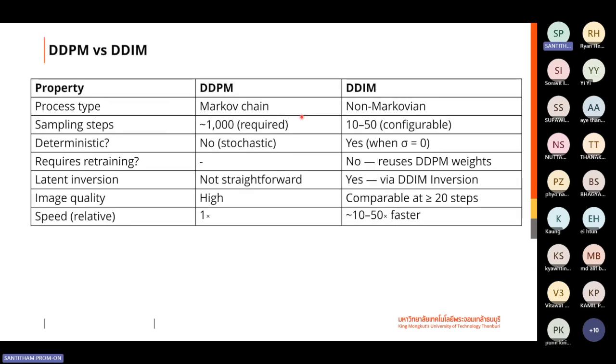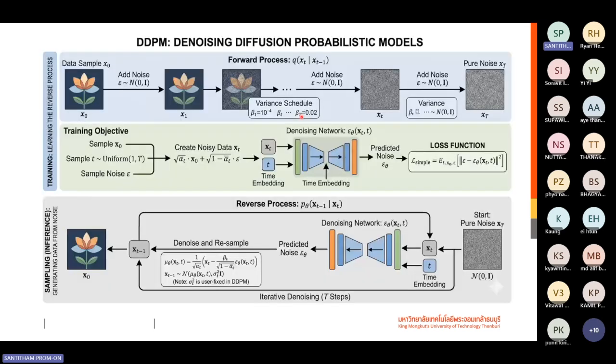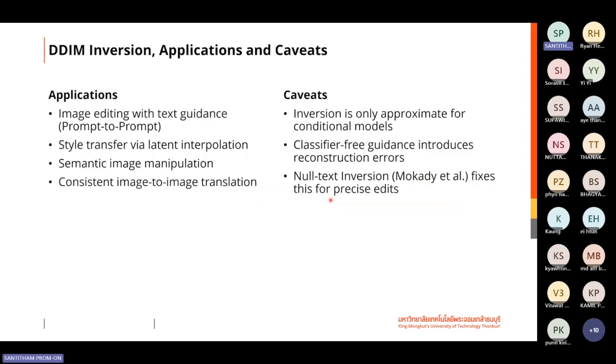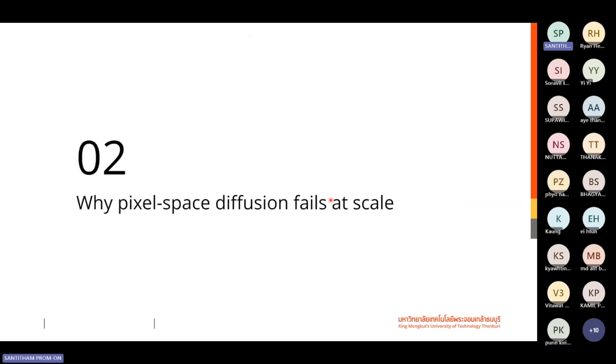Let me go back a few slides. You can see that the prediction of the noise process here is done at the visual level. You take the visual data, the X data, add noise to it, and then predict the noise at the pixel level. This is called a pixel space model, using pixels for noise prediction.